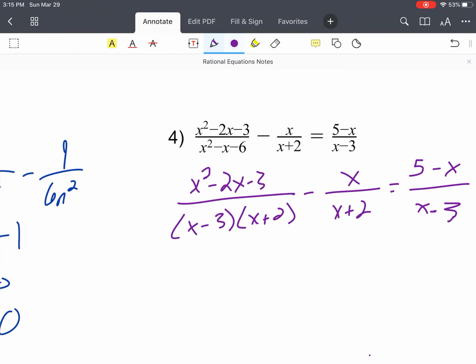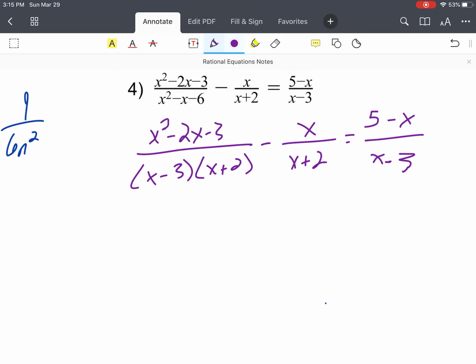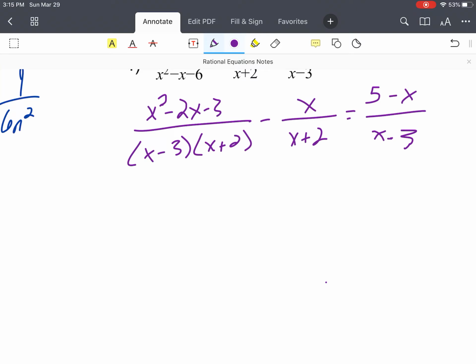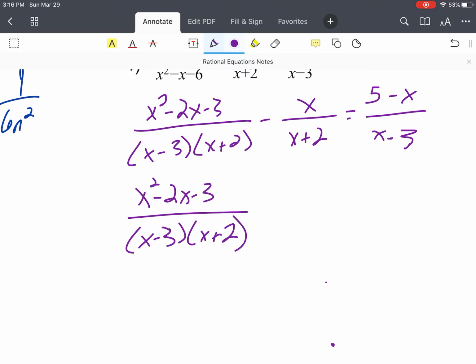So our pieces here are going to be an x minus 3 and an x plus 2. The farthest left equation already has both of those, so we've got to fix the other two. Okay, so our leftmost expression, that's the word, stays x squared minus 2x minus 3 over x minus 3 times x plus 2. But this one is going to need an x minus 3.